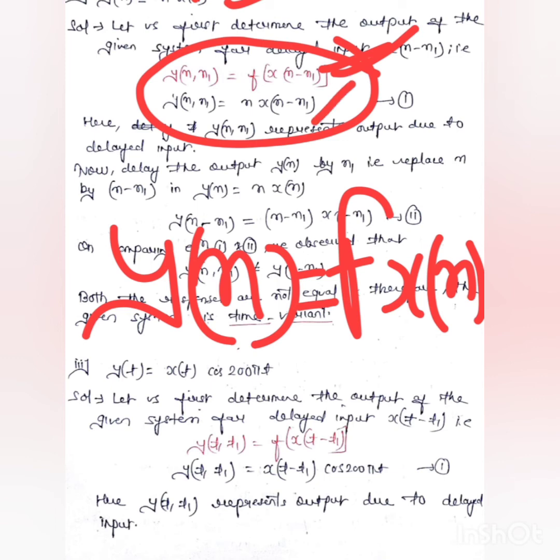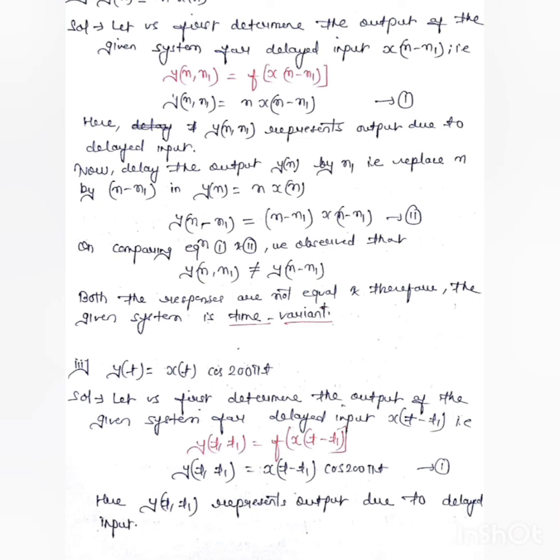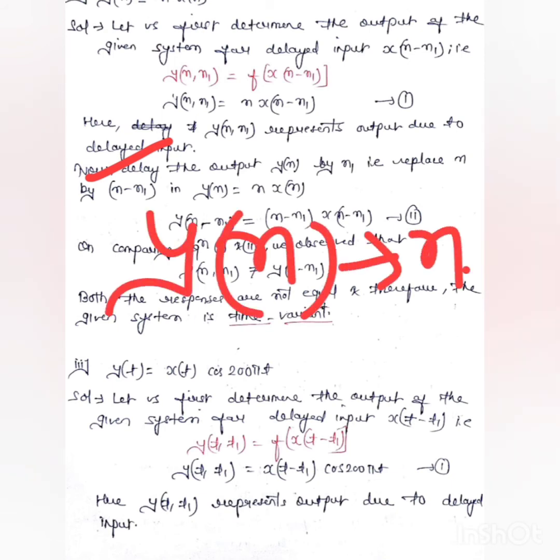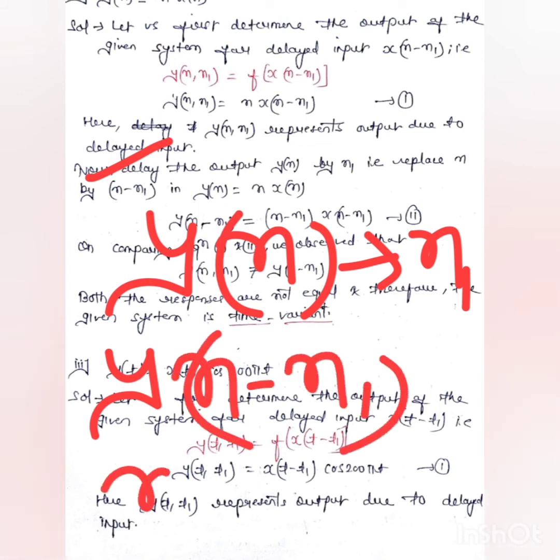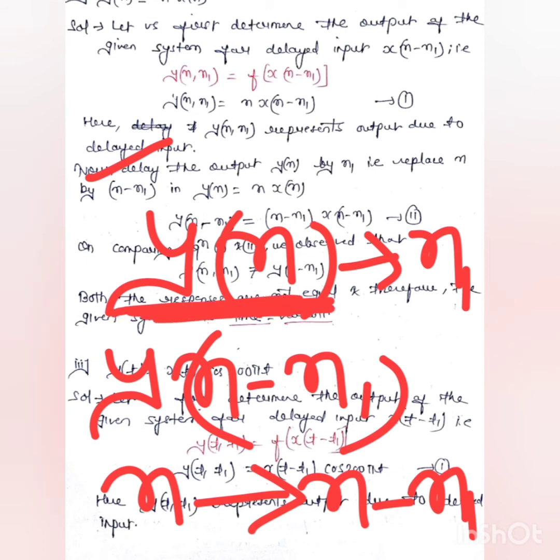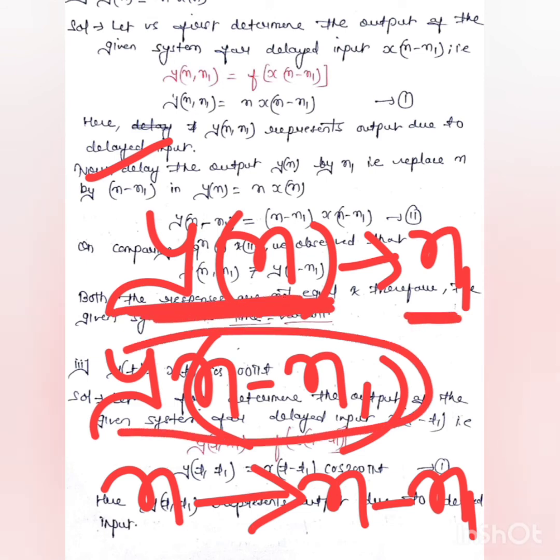Now, in the second case, we delay our output expression by n1. So y of n is delayed by n1. We have to replace every n by n minus n1. So we can write y of n minus n1, and we replace n by n minus n1 in the whole expression.